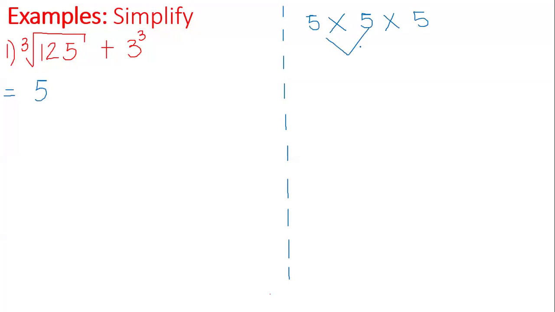So 5 times 5 is 25, right? And 25 times 5 is what? That is 125. Yep. So the cube root of 125 is 5.